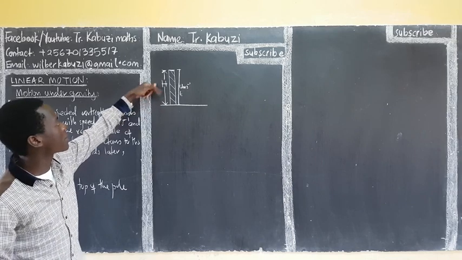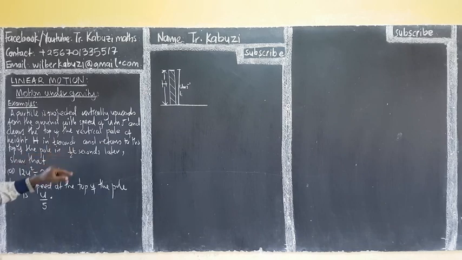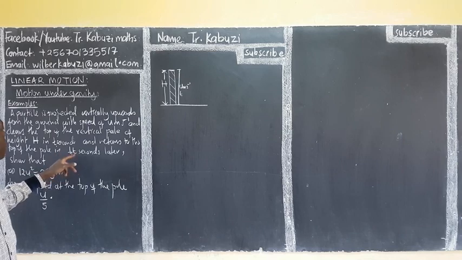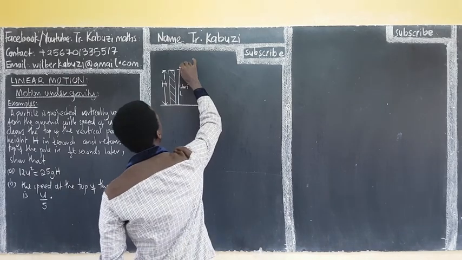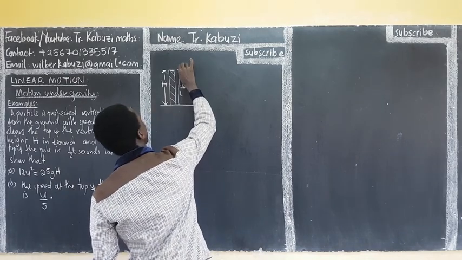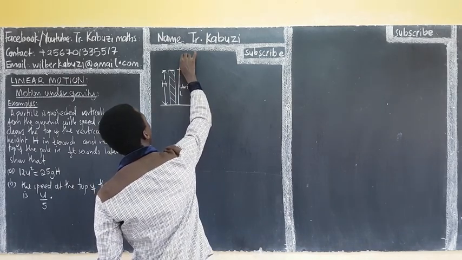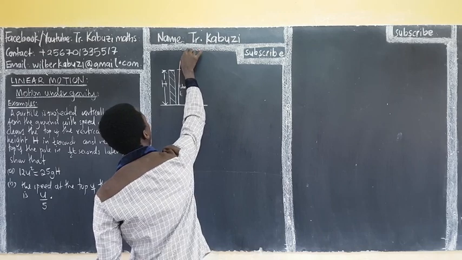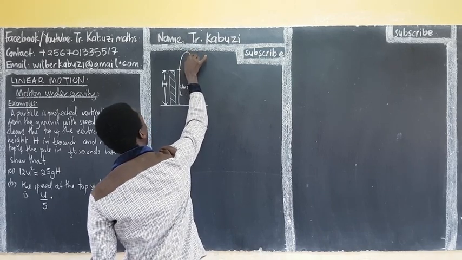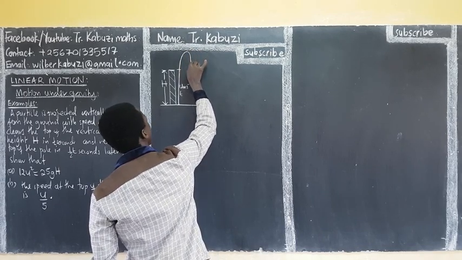This is now the vertical pole in t seconds, and it returns to the pole t over 2 seconds later. So it means that after clearing here, it is going to continue going upwards. Then when it reaches the top, it will fall back like that.